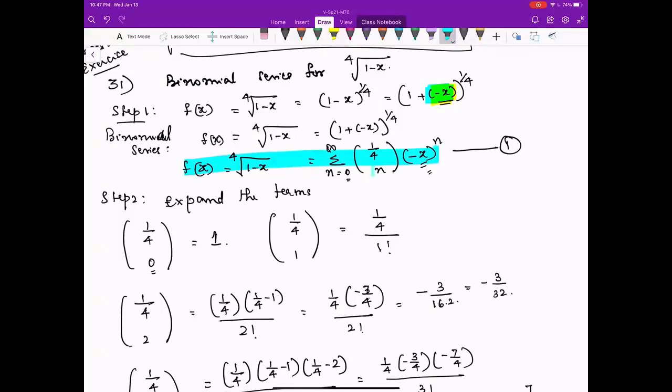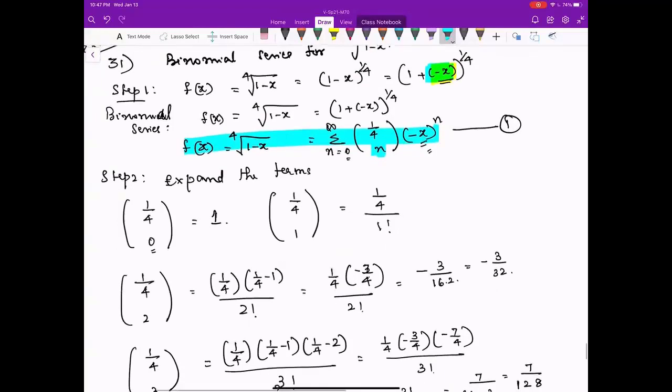This notation we expanded earlier. So we are going to explain each one of those terms. We plug in from n equal to 0. The first one becomes 0 chosen out of 1/4, which is 1. 1 chosen out of 1/4 is 1/4 over factorial 1.